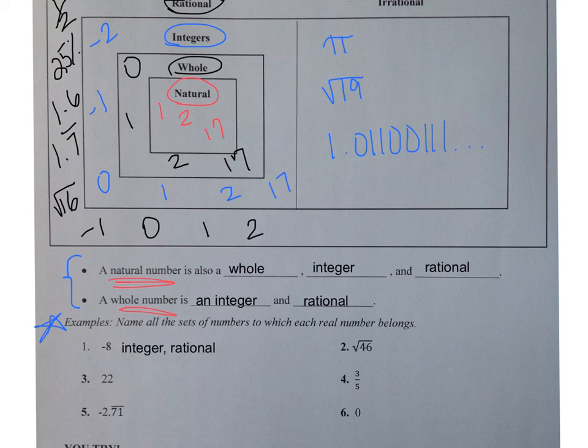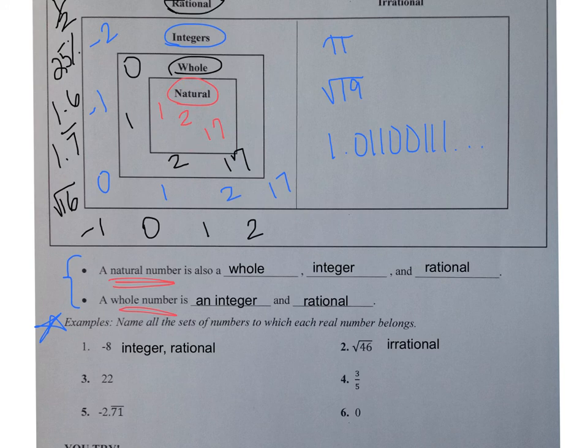Let's look at number 2, the square root of 46. Square root of 46 is not a perfect square. So that's going to be a long, ugly number, which is irrational. Let's look at number 3. Number 3 is 22. Well, where does 22 start? Well, all of our positive numbers start in natural. So we discussed this before.